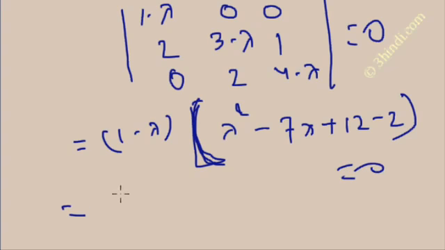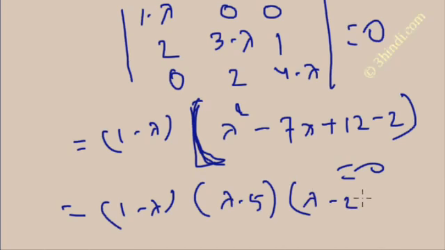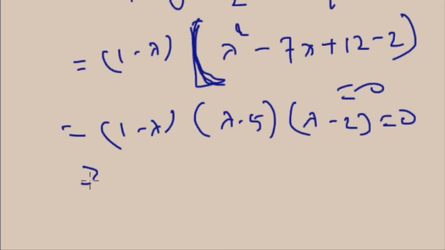So this is lambda square minus 7 lambda plus 10. You can write minus 7 as minus 5 minus 2. So ultimately lambda minus 5 and lambda minus 2 is equal to 0. This means lambda is equal to 1, 5, 2.